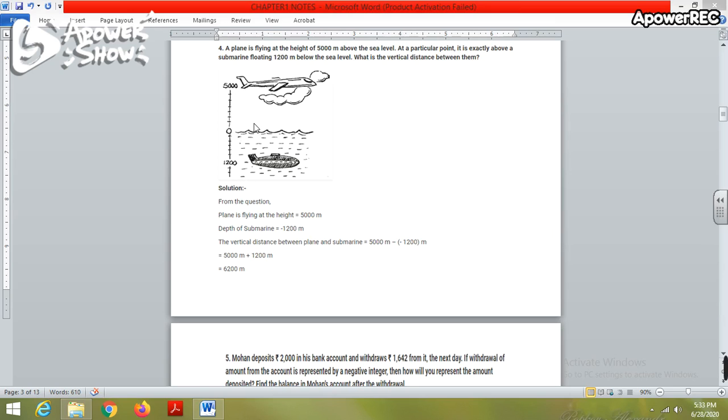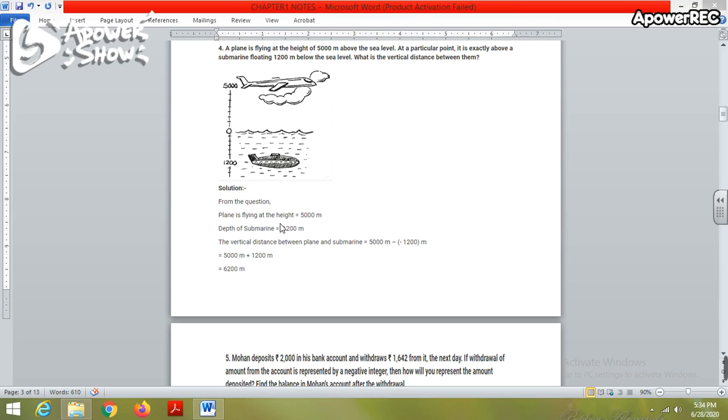If we represent the height of the plane by integers, the plane's height is represented by a positive integer since it is above the point 0, and the position of the submarine is represented by a negative integer. So the plane is at 5,000 meters, a positive integer, and the depth of the submarine, 1200 meters, we can represent by -1200 because it is below 0.